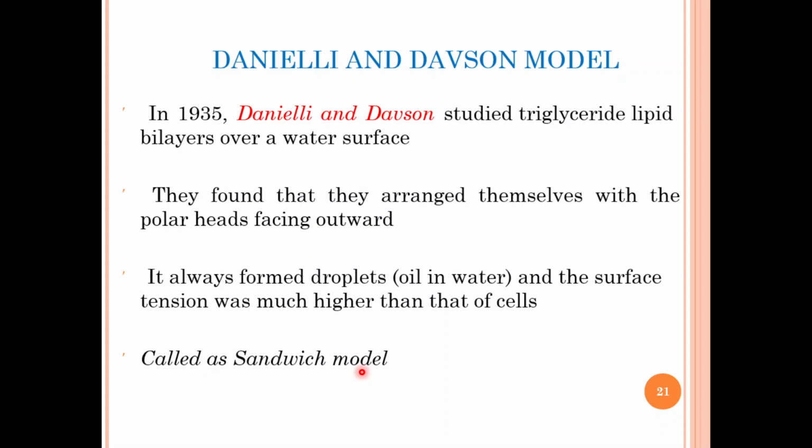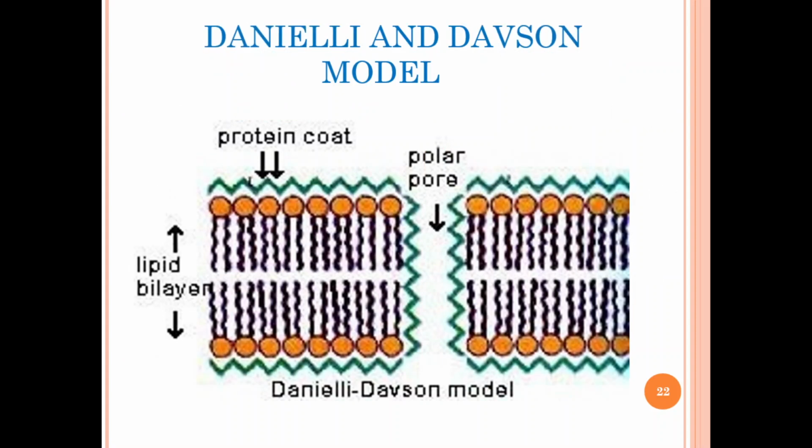The model invented in 1935 by Danielli and Davson is also called the sandwich model. In your examination, these models are asked for 4 marks, any model. So give a brief explanation and the diagram which is here.